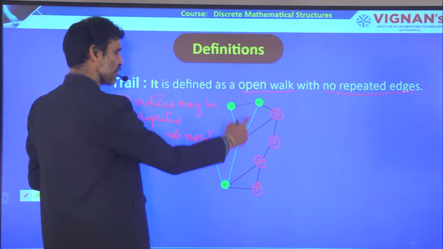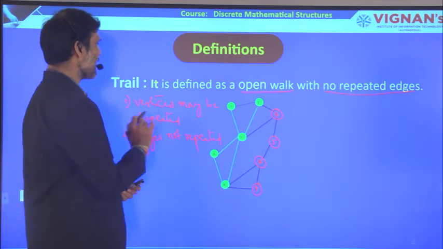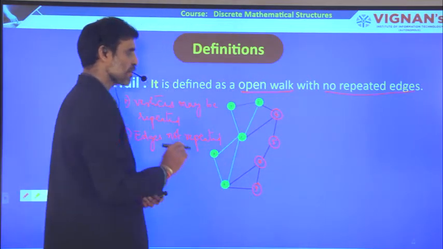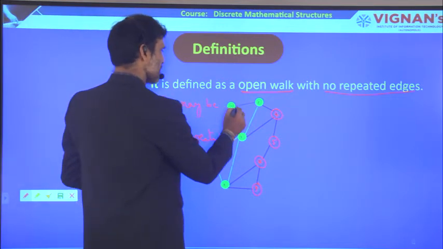In this graph there are 9 vertices in total, and a trial, how we define it, is an open walk with no repeated edges. What does that mean?